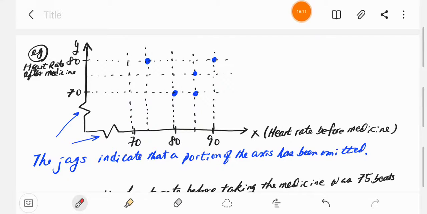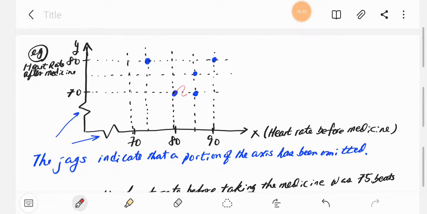Okay, here is a graph of heart rate. The x-axis, the horizontal axis, represents the heart rate before taking the medicine in beats per minute, and the y-axis, the vertical axis, represents the heart rate after taking the medicine in beats per minute.